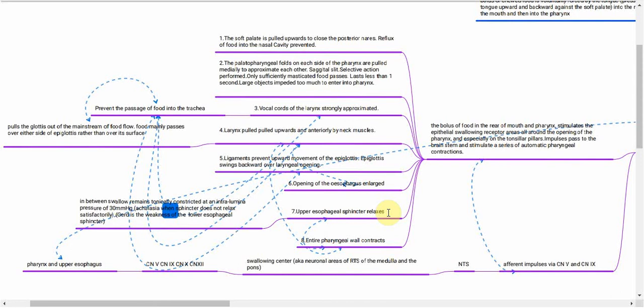We're talking about the upper esophageal sphincter and not the lower esophageal sphincter right now. So in between swallows, it is tonically constricted. It is only opened when a person is swallowing and the swallowing process has been initiated because of the reflex that was initiated by the bolus pressing against the epithelial swallowing receptor areas.